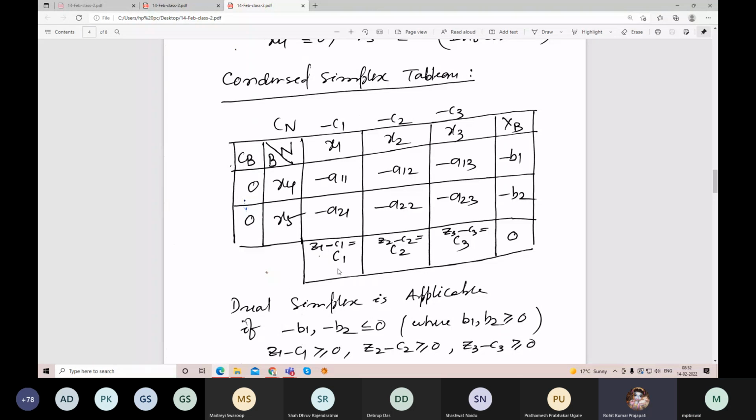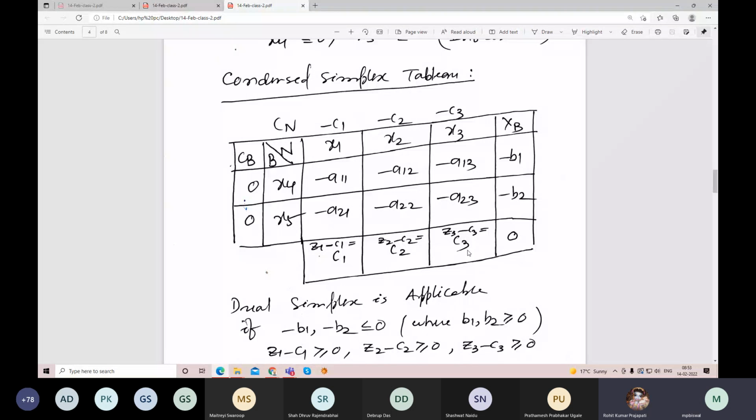A negative cost of an item, like a computer UPS, would mean you get it free. So z1 minus c1 is c1, z2 minus c2 is c2, and z3 minus c3 equals c3.